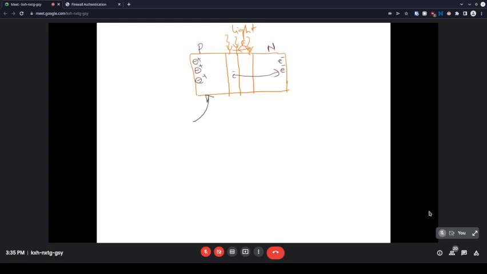You must have materials that can accommodate more and more electrons in the N region, as well as more and more holes in the P region, apart from what they already have.